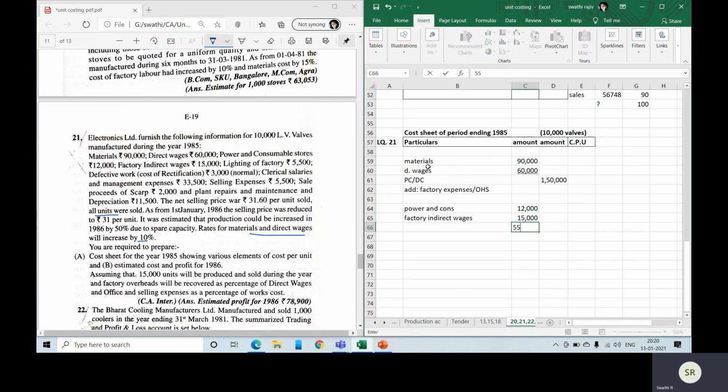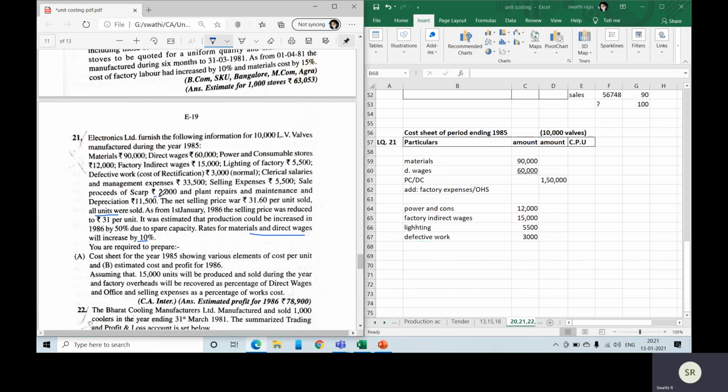Lighting charges of factory are 5,500. And defective work, it's a normal expenditure, so it is 3,000. We also have clerical salaries and management expenditure, but those will not come here. This is more or less your office and administration expenditure. Selling expenditure comes after that.